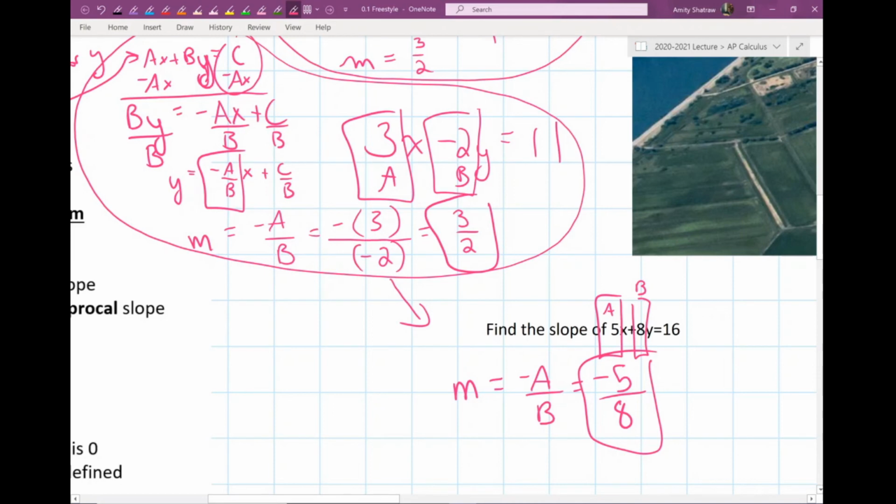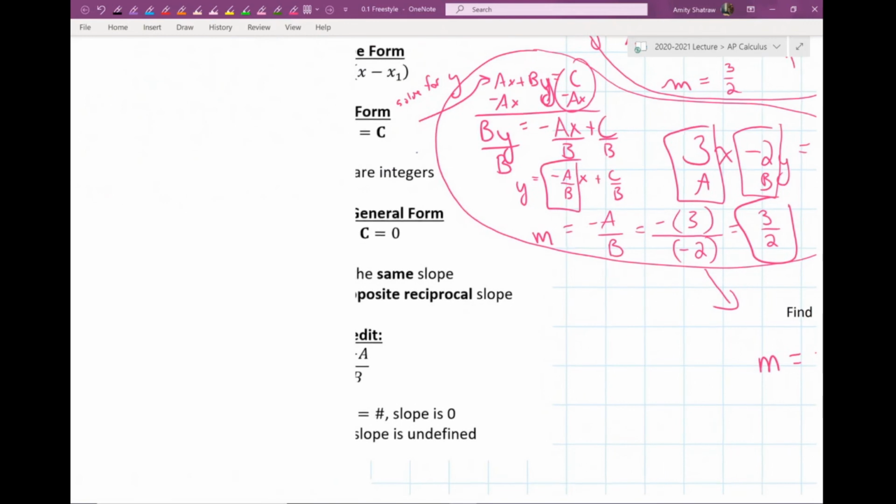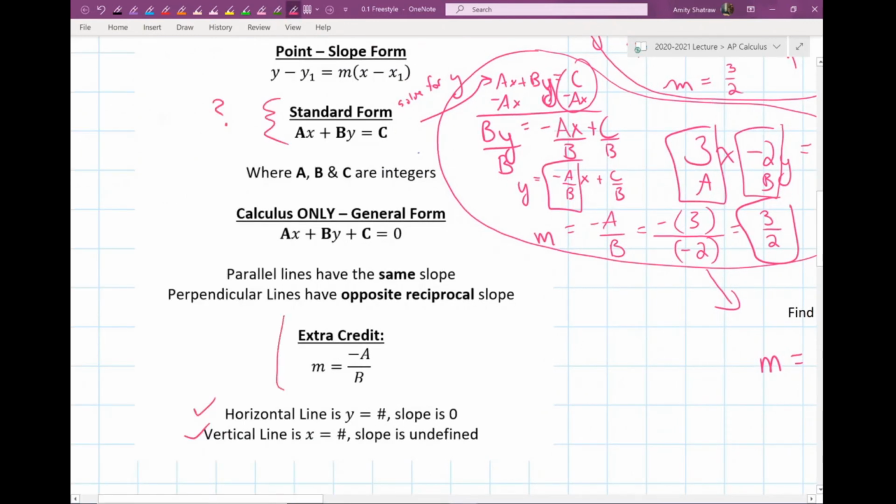I myself can't keep the trick memorized, so please don't feel bad if you also have a hard time keeping it memorized. I do have it as an extra credit piece on a quiz, okay? So if you can memorize that formula from standard form, that would be extra credit, all right?